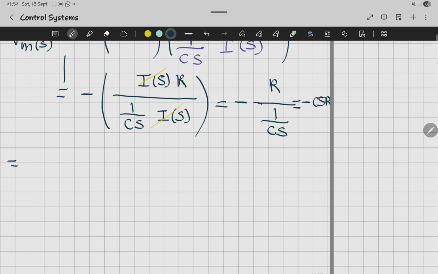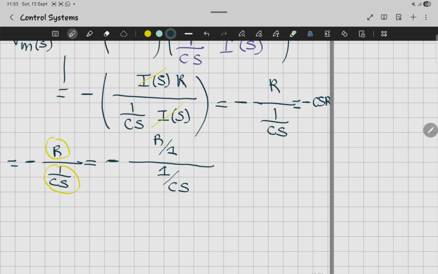But I'm going to prove to you how we got this. We have something like this: negative R over 1 over CS. So what you should know is, how many fractions do we have? We have this one, and we have this one. So we have one fraction divided by another fraction. The way I'm going to write this equation is negative R over 1. Any number in mathematics, we assume has a denominator of 1.